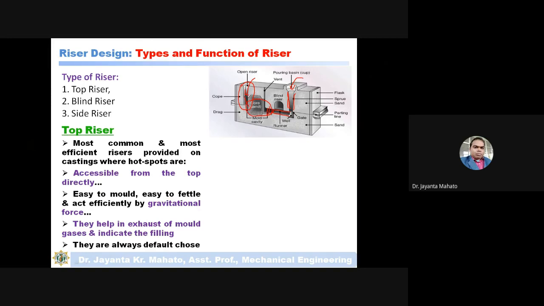So if the gases come out from this riser, you can predict that the mold, the complete casting, is full. Okay. It means no more molten material is needed.